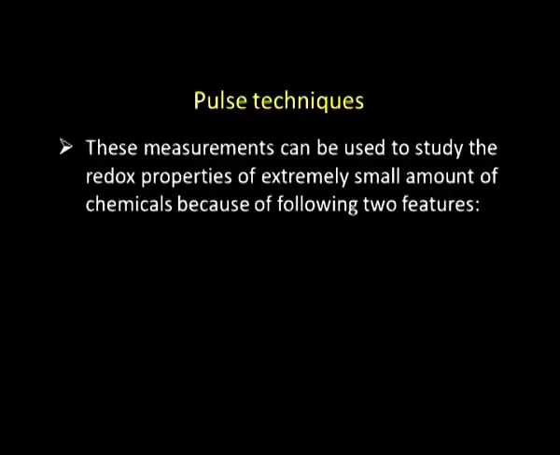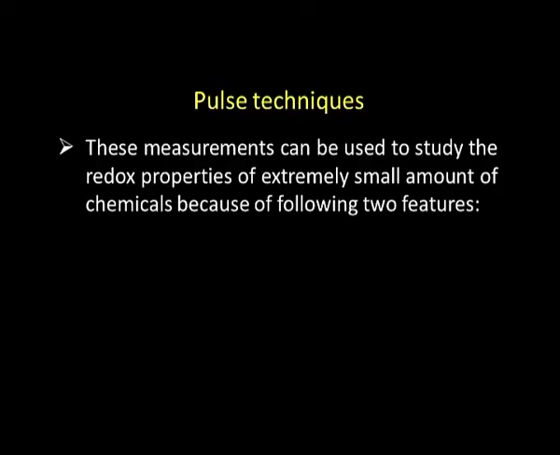Let us now come to pulse techniques. The primary advantage of the pulse voltammetric techniques, such as normal pulse or differential pulse voltammetry, is their ability to discriminate against charging current or capacitance current.